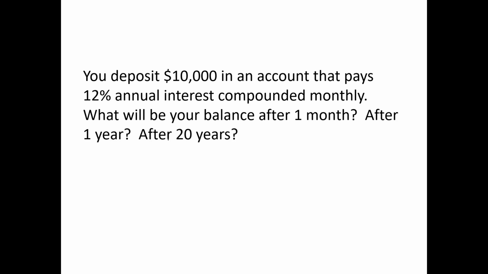So you deposit $10,000 in an account that pays 12% annual interest, compounded monthly. What will be your balance after 1 month, right? And so then the future amount will be the principal amount, 10,000. And after 1 month, we're only going to go through one compounding.